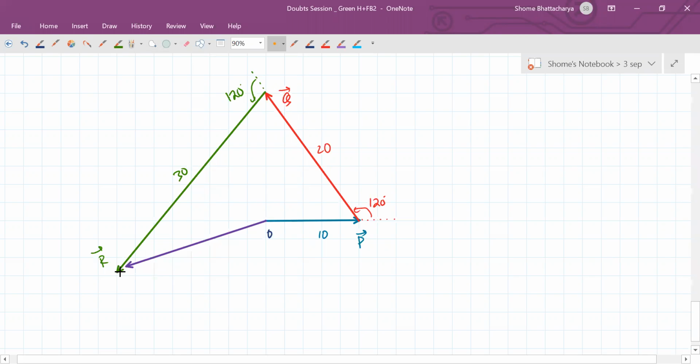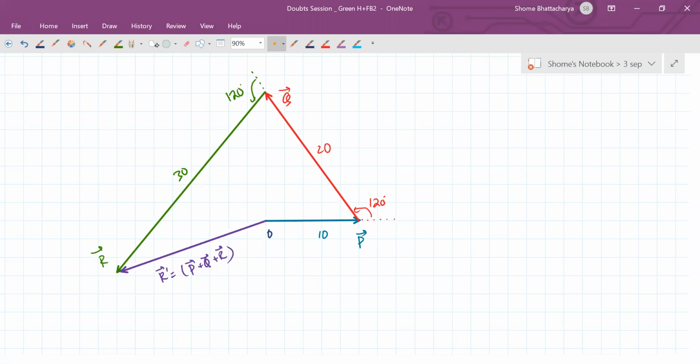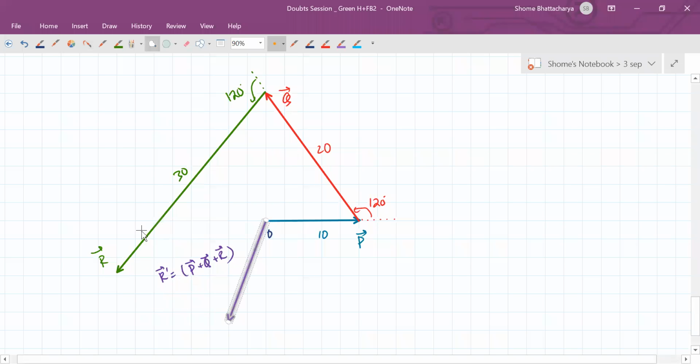This is what we call R prime. So this is what we want to find out. So geometrically, we can find it out in this way. Only my actual diagram will be slightly different than this. Okay. Just a second.